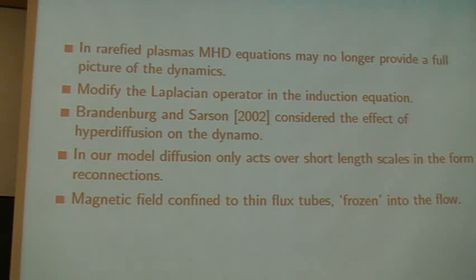It was with a helical flow, but showed that the dynamo saturated at a higher energy. That's correct, Axel, yeah. We kind of go to the limit of Rm tending to infinity, I guess, and just look at diffusion only acting in reconnection events. And as I've said, our magnetic field is confined to thin flux tubes which are frozen into the flow.